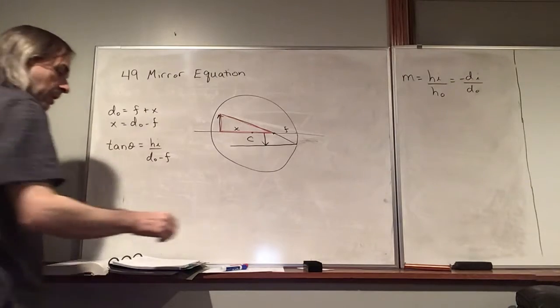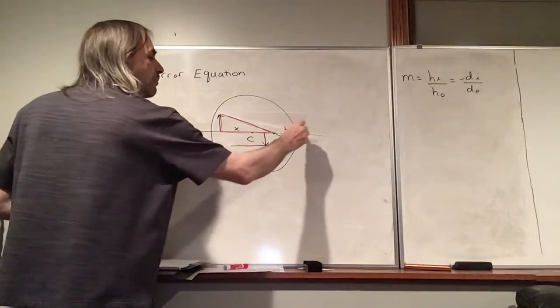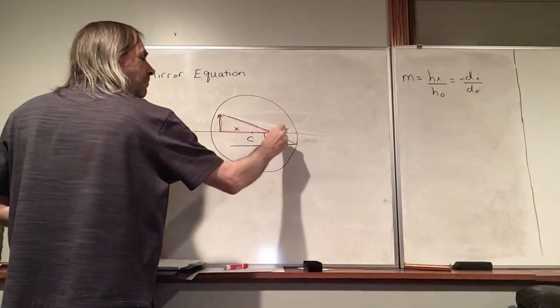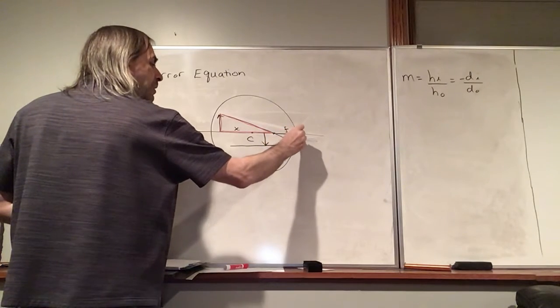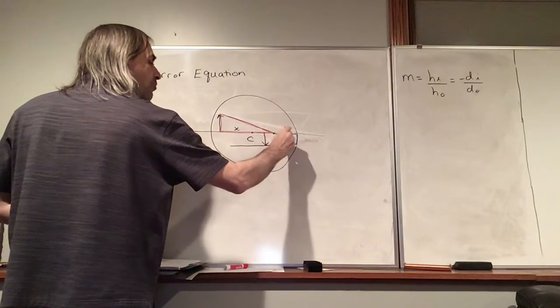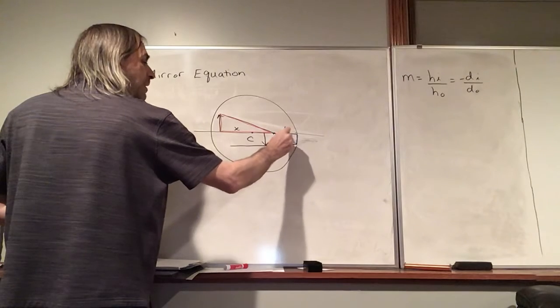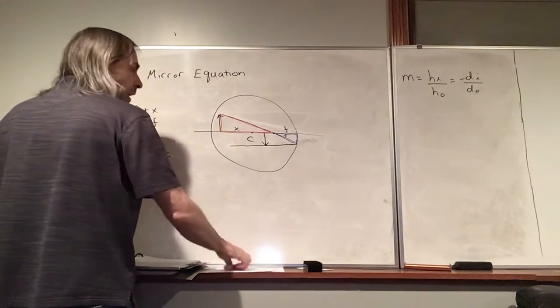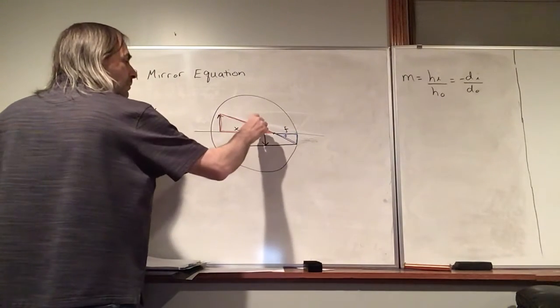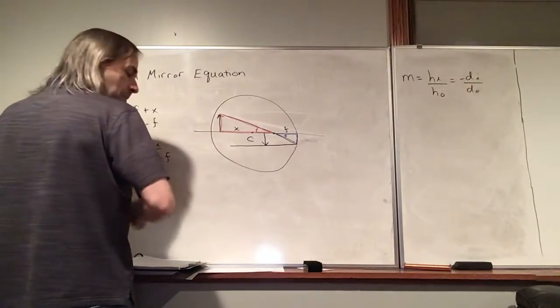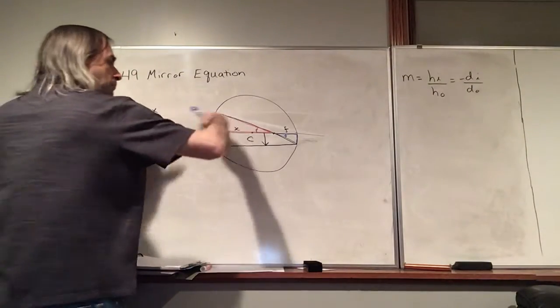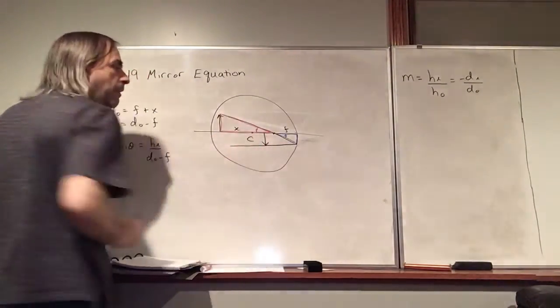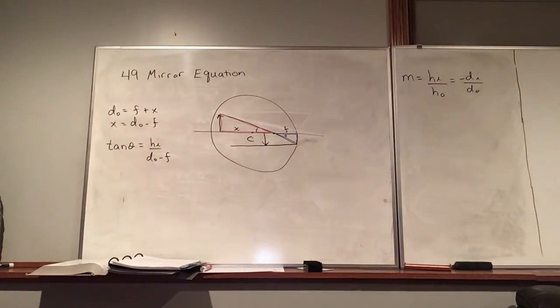And now another triangle, although we have a little bit of curvature here, a very good approximation. We can say this is a triangle. And again, this angle is the same as this angle, just because you have two lines crossing, so those two angles are equal to each other.